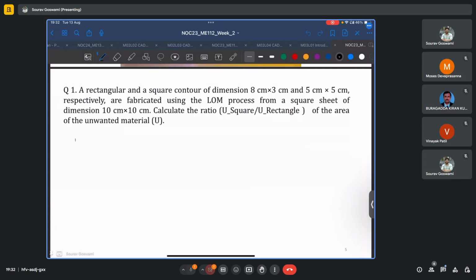So we have a laminated object manufacturing process, and this is our feedstock material, which is actually a sheet 10 centimeter by 10 centimeter long. In one case, we are trying to fabricate a rectangular section, which is say some 8 cross 3. So maybe something like this.